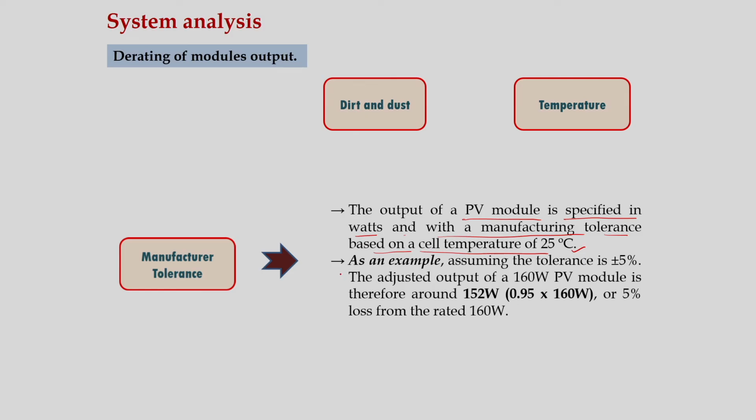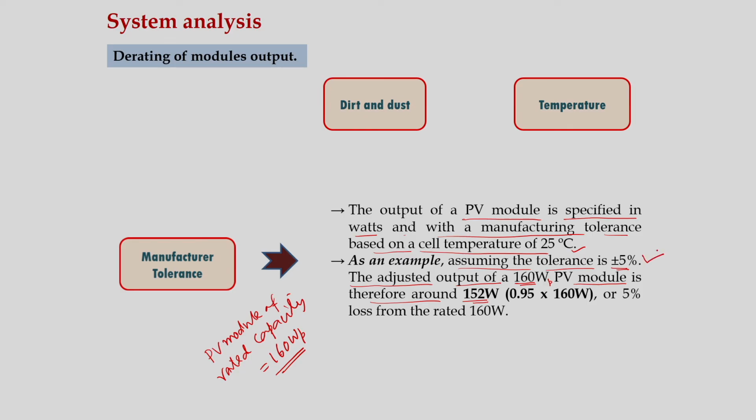Okay. So, if we take an example, assuming the tolerance is 5%, the adjusted output of a 160 watt peak PV module is therefore around 152 watt. Here we have considered a PV module of rated capacity 160 watt peak.